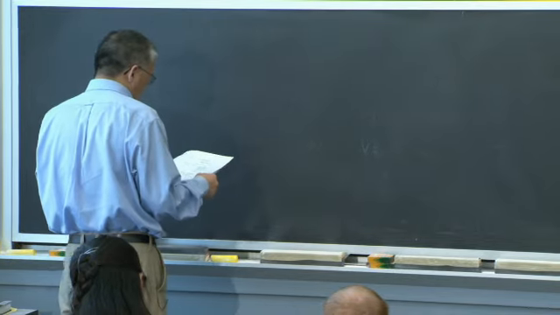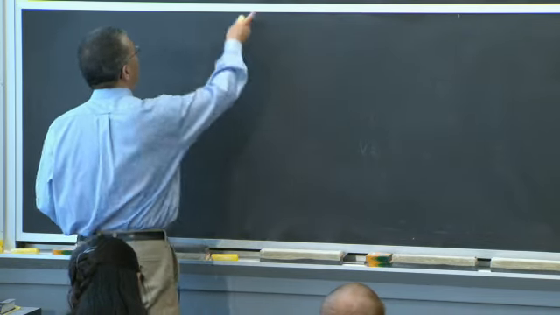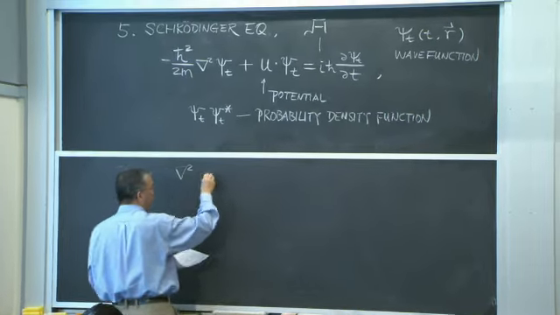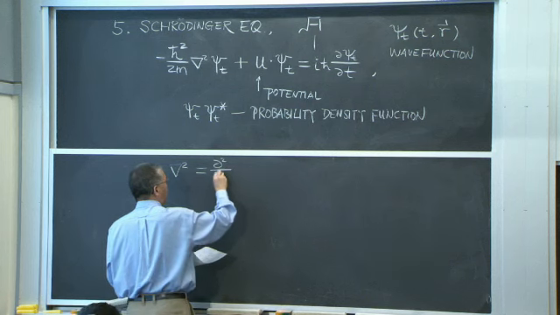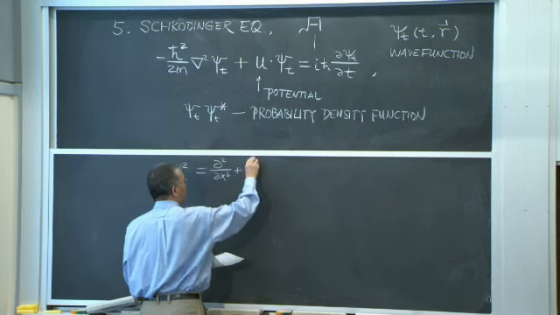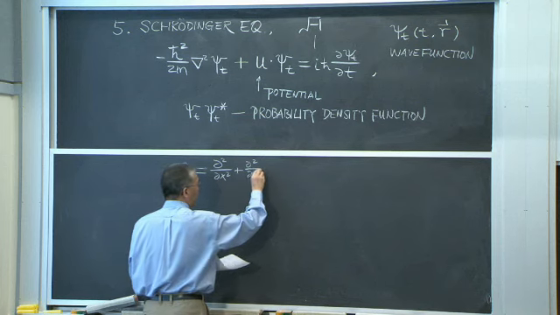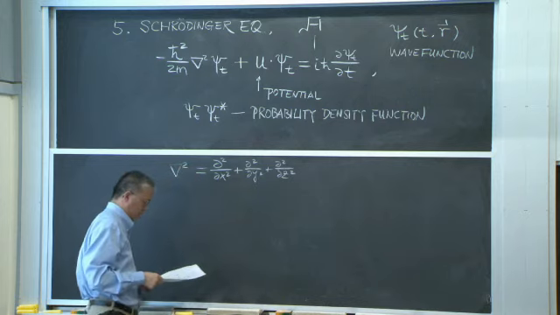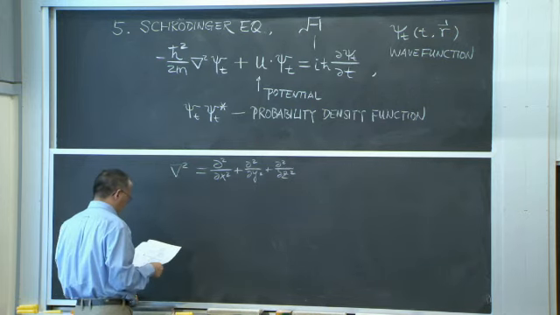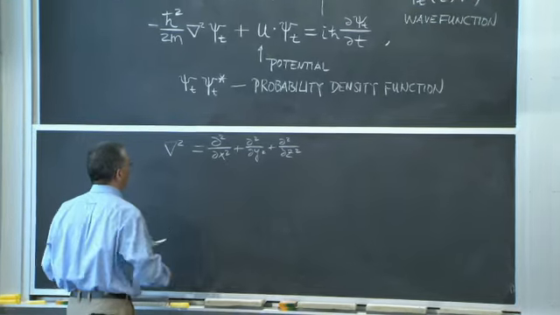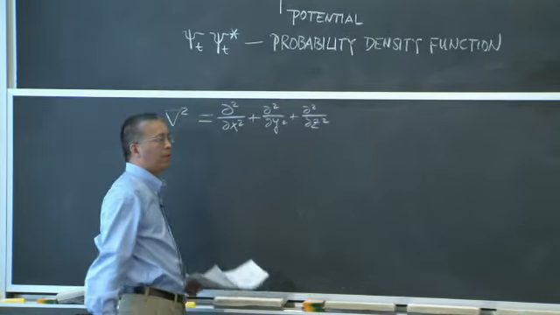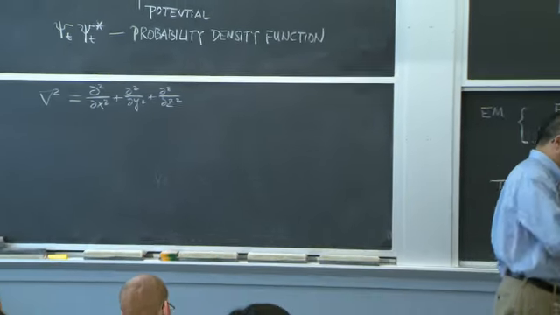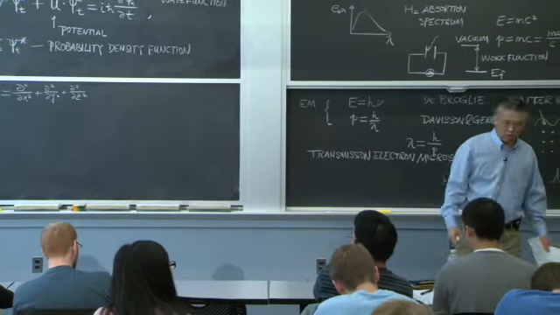And so let me just make the clarification. This is the Laplace operator, right? In the Cartesian coordinate, it's whatever is behind, you do the second derivatives. Now since psi times its conjugate is a probability density of finding this particle at a location and time, you have a normalization.